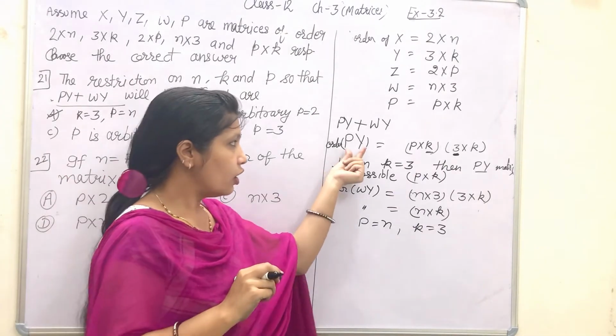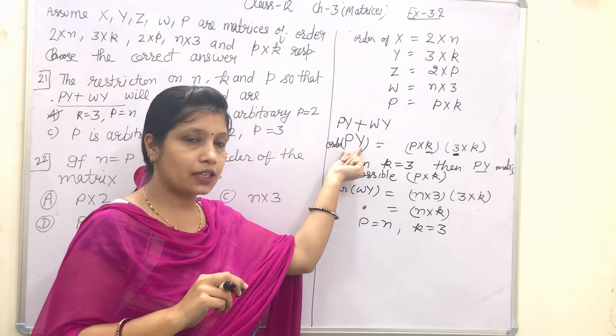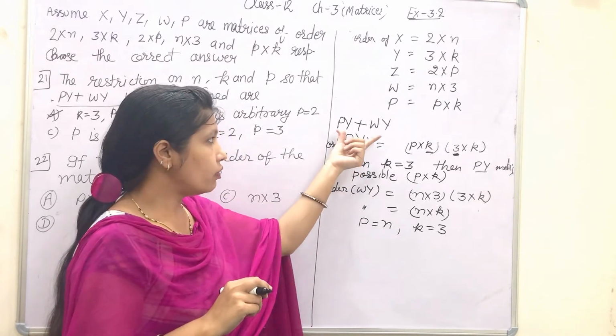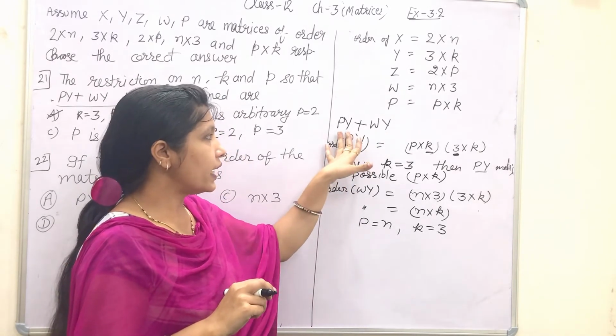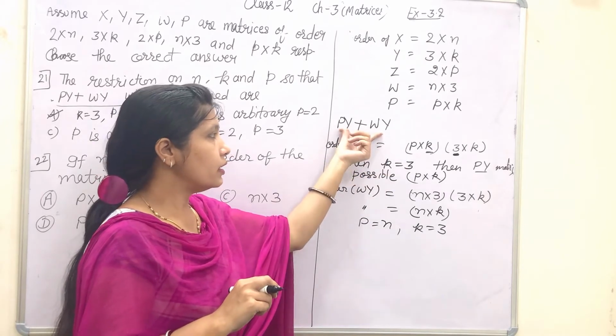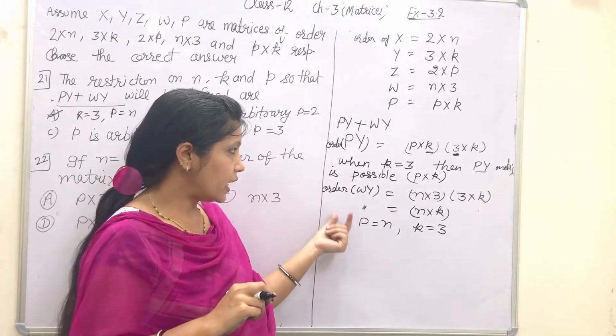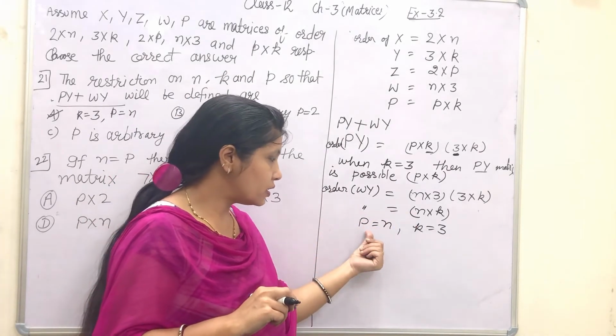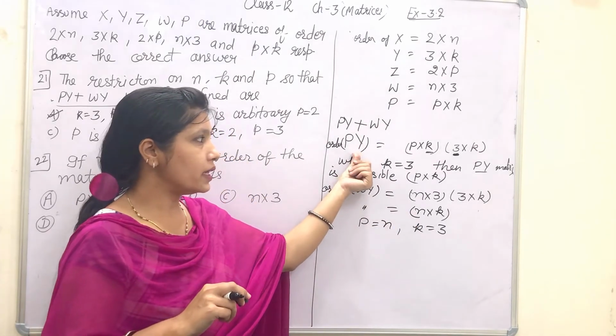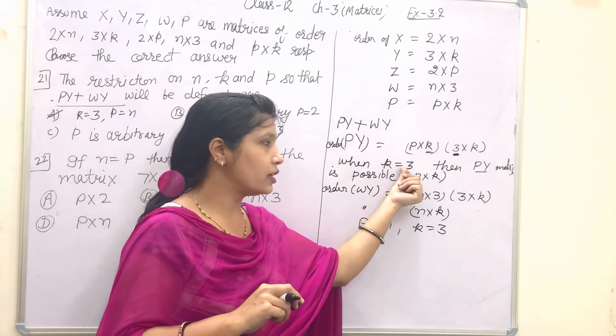Firstly you check for multiplication matrix. After then solving multiplication, you will get your matrix restrictions for your addition. For addition you get your one restriction, and for matrix multiplication here we get our one restriction.